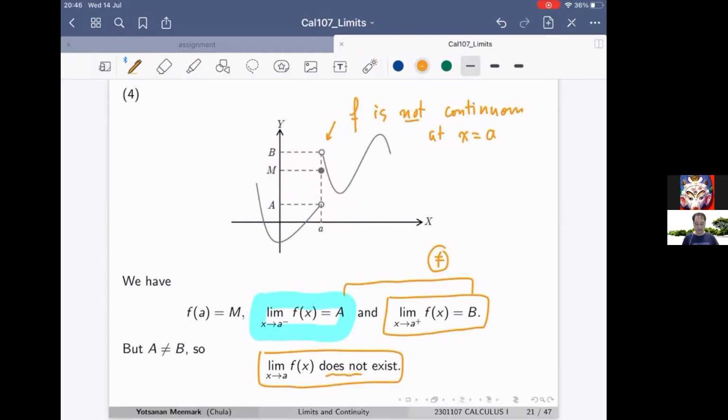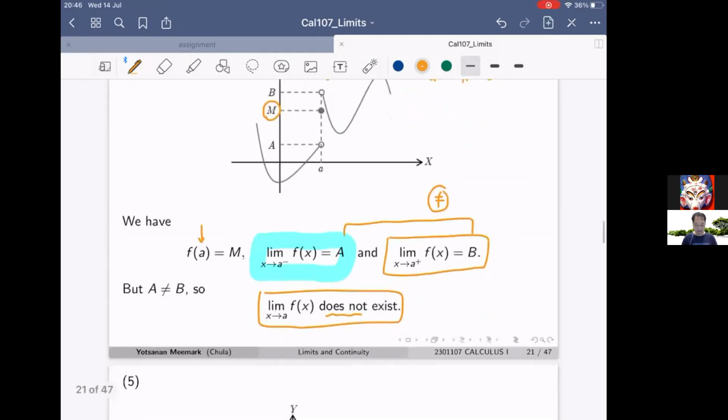How about f at a? F at a right here equals m. You got a function value. But still, you can see immediately from the graph that it cannot be continuous, right?